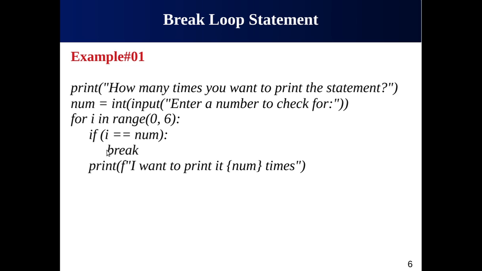So if this condition is met, the loop will break here, and the control will be transferred to the next statement, which follows the for loop. So when you run this program and enter any value, then the values of the loop variable will be printed until the value becomes equal to the num provided by the user.